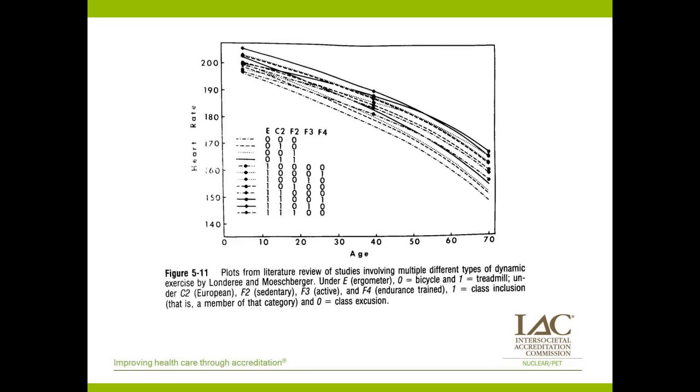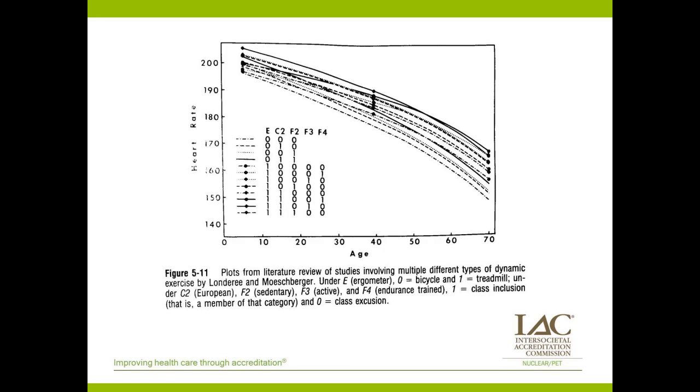This is a plot of maximum heart rate achieved by different types of exercise. You don't have to look at the actual details of which line represents which, but if we look at bicycle ergometry versus treadmill testing, you can see that the maximum heart rate achieved goes down with age.